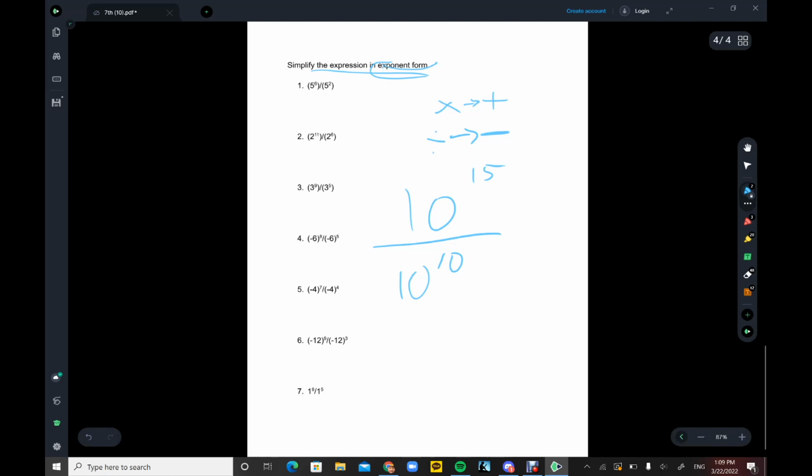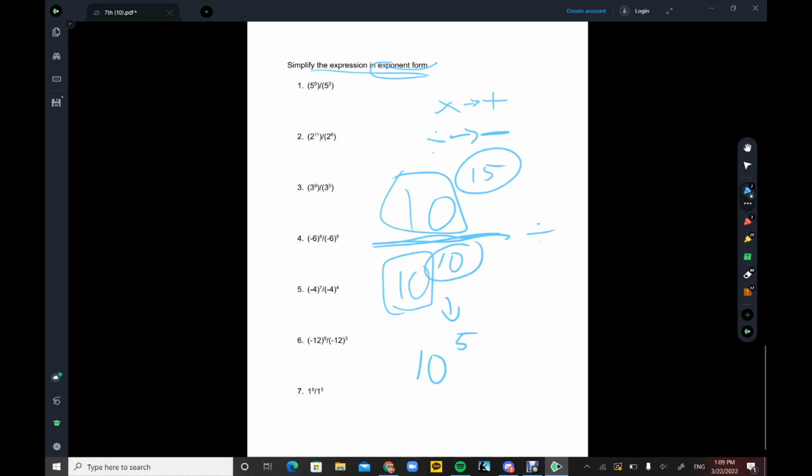Since this fraction symbol is the same thing as division, right? So then you would just subtract the exponents, 15 and 10. So your answer would be 10 to the 5th power. Since this number here is the base, and they're the same, you don't have to do anything to this part.